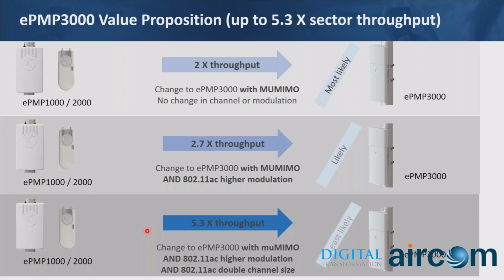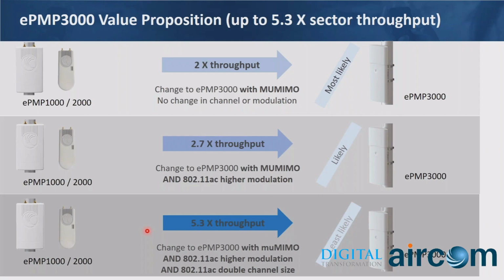But apart from that, you can also multiply your capacity up to 2.7 times if you combine multi-user MIMO with the higher modulation that the ePMP 3000 supports, from 64 QAM to 256 QAM.